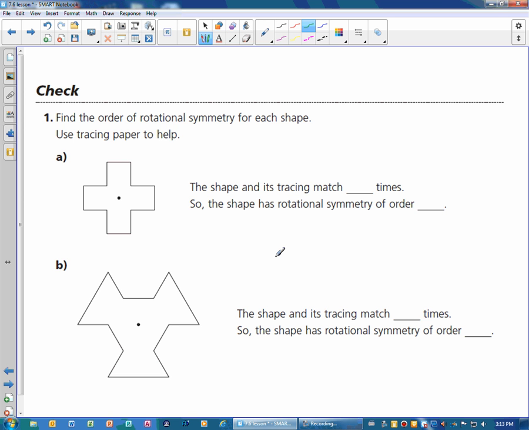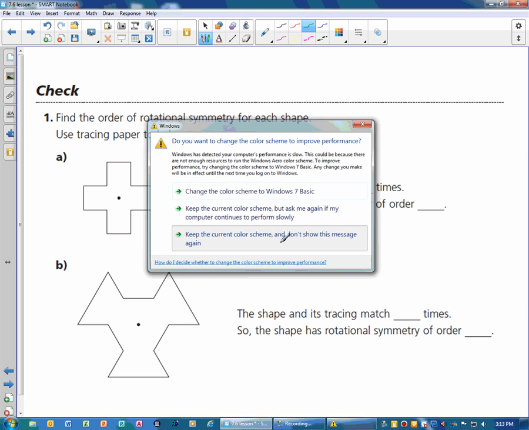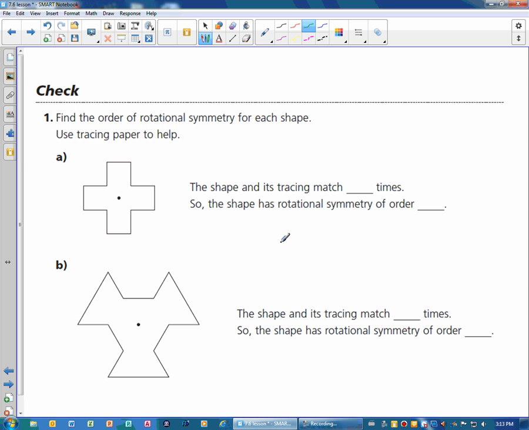All right, so it says find the order of rotational symmetry for each shape. Use tracing paper to help. I don't think that's necessary, but go ahead and do it if you want to, especially if the shape's a little less regular. These are regular shapes because they're very symmetrical, but with an irregular shape it's hard to tell just by looking at it.